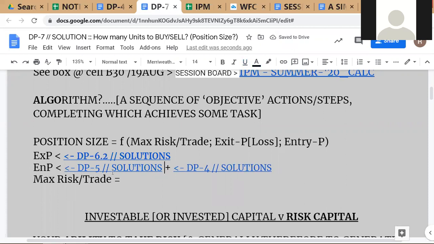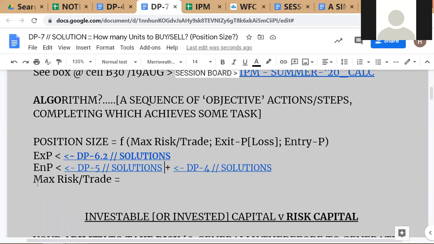It's not really a decision problem anymore because the solution is always the same. So position size is a function of three variables. How do we arrive at those variables? Exit price on loss comes from the logic of the 6.2 discussion. Entry price comes from the logic of DP4, which gives you the buy or sell bias, and DP5, which gives you the entry price. So here you have these two.